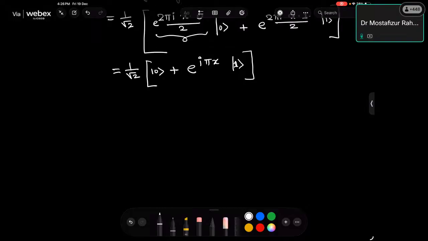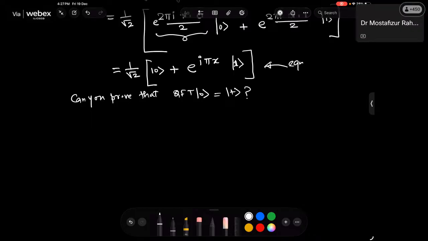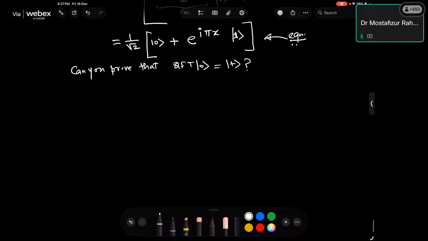And can you prove now that QFT of 0 equals plus, using this equation, from the definition?